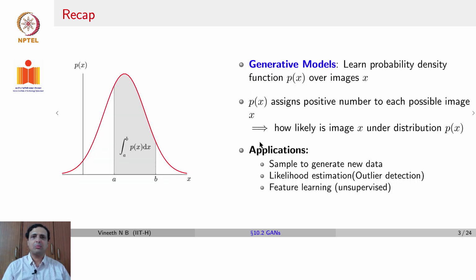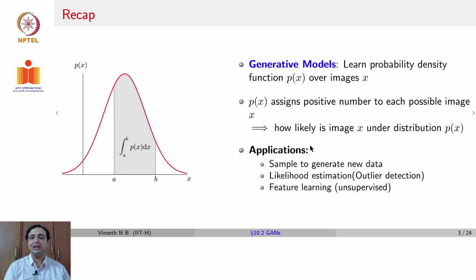Let's recap some of the concepts that we spoke about in the last lecture. We said that generative models try to learn a probability density function P of X over a given set of images, training data X. And if you knew the distribution, if that was parameterized as a Gaussian, P of X assigns a positive number to each possible image depending on its probability of being generated by that distribution.